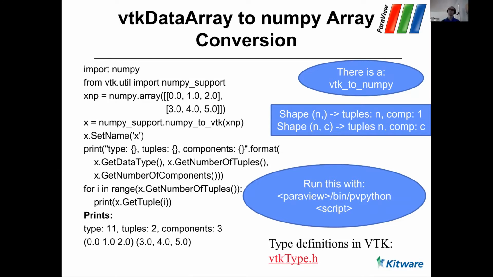Python and C++ store them in C order. So C order is along rows, Fortran order is along columns. So you have to be aware of that if you convert multi-dimensional arrays between Numpy and VTK. In this first example, I don't think this matters. So let's look at this first example.